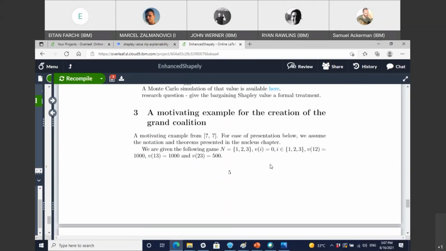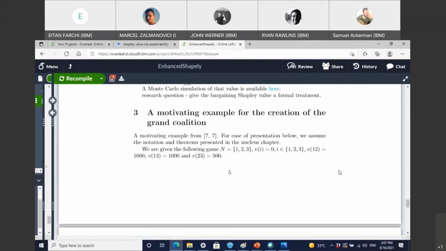So it's customary to define the value of the coalition 1, 2, and 3 as 1,000 as well. In other words, they could say to 1 to do nothing, and 2 and 3 will do something. They could say to 1 and 2 to do something, and 3 will do nothing, and so on.